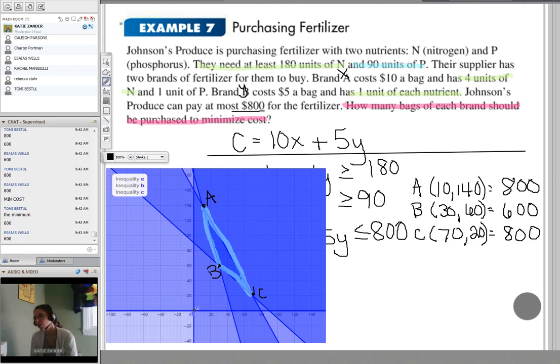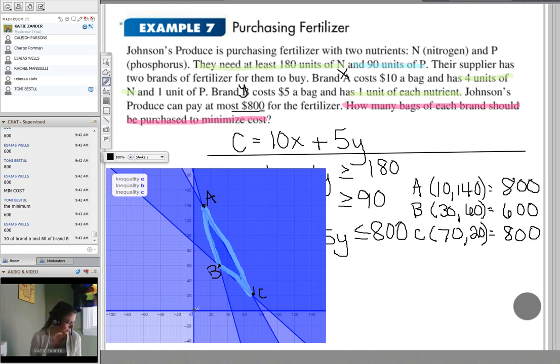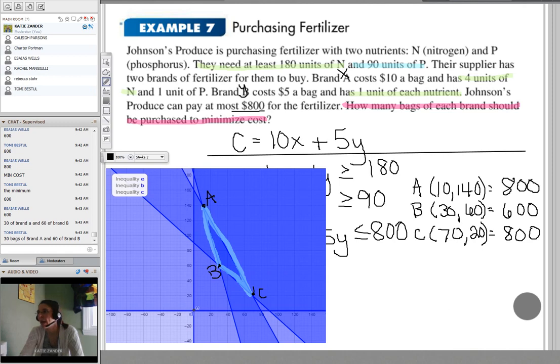$600. All right, the question asks, how many bags of each brand should be purchased to minimize cost? So to answer that question fully, what should our answer be? 30 bags of brand A and 60 bags of brand B. Perfect.